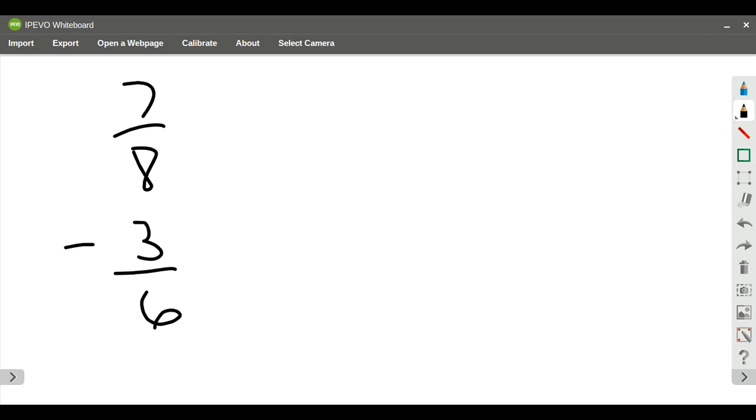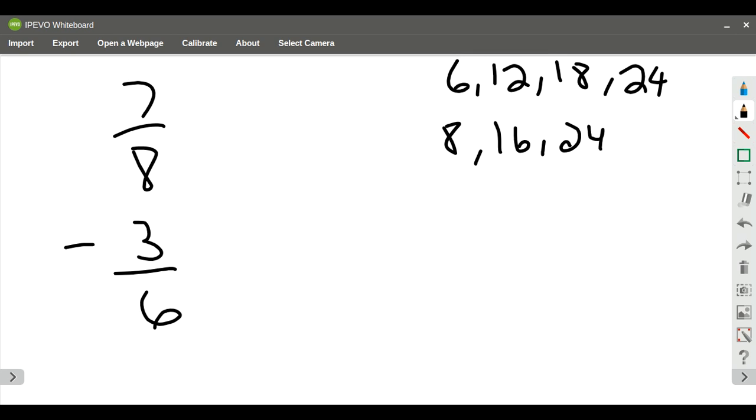It's also going to be very nice when we start working with mixed numbers in a few lessons to have that already familiarity with the vertical. So list out multiples of 6. So 6, 12, 18, 24. List out multiples of 8: 8, 16, 24. Notice that 24 is what I have in common, so I can go ahead and stop.